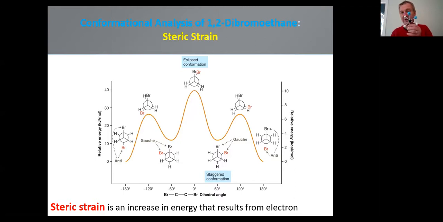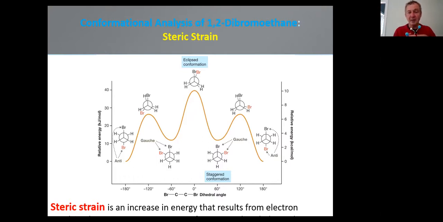And not only that, when you get to these gauche conformations, you would think they would be pretty good because they're staggered, but look how much worse that staggered conformation is than the anti-conformation. These gauche conformations are not good at all at 60 or minus 60, right? 60 and minus 60 mean the same thing.